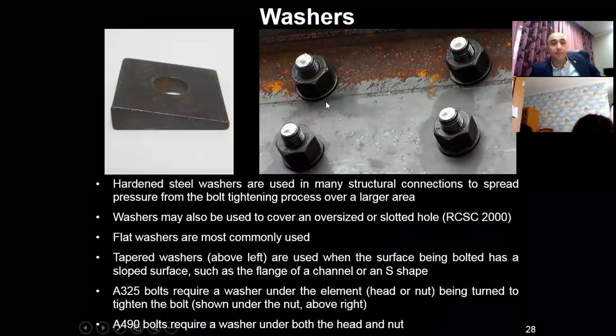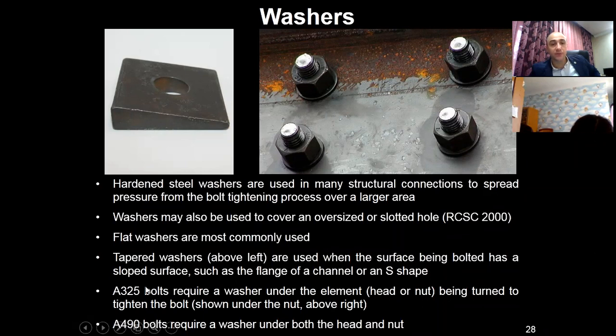There are several requirements about the number of washers. For example, bolts with A325 require a washer under the element being turned to tighten the bolt, shown under the nut at the right.